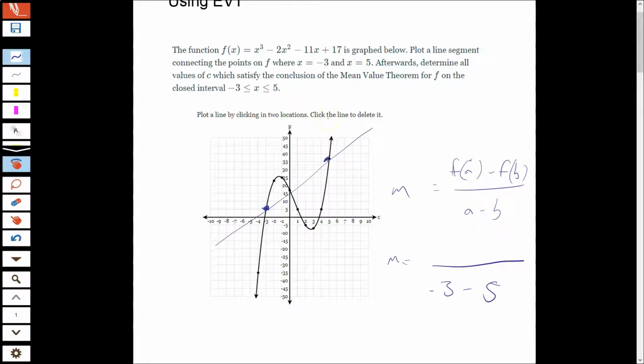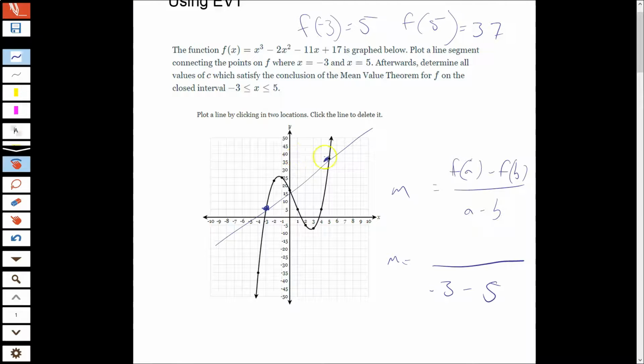So what I would want to do is plug these values into this function. So I'll do that real quick, and you can just do that in your calculator. For f of -3, you do get 5. For f of 5, you get 37.